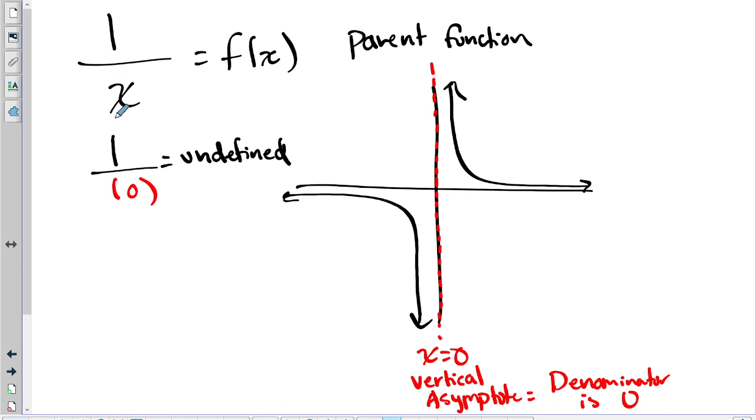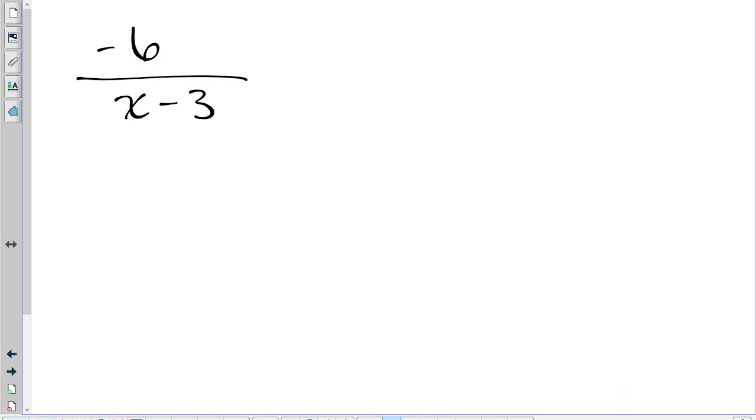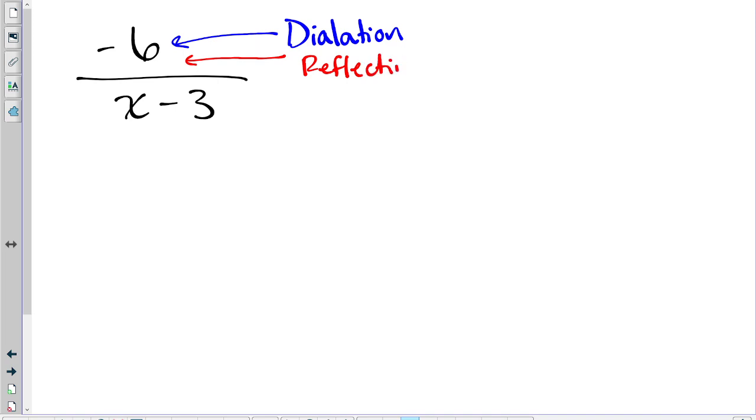I went from 1 to 6, but anytime we multiply a function, that's just the dilation transformation, right? So this -6 is dilating, and also, because it's negative, it is reflecting. Okay. And the only other thing that's different from our regular parent function 1 over x is that there's a -3 on the bottom now. This -3 is going to change my vertical asymptote.